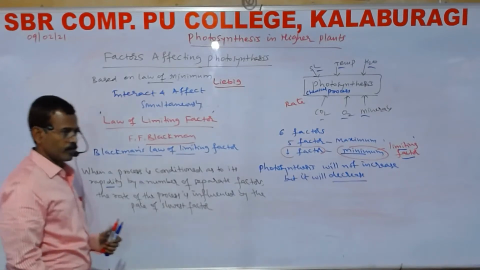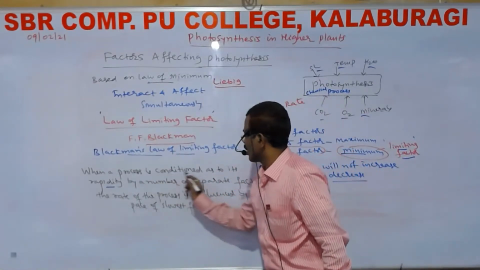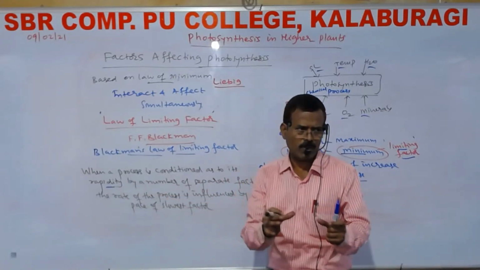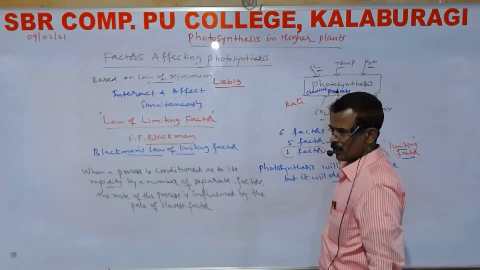What is the definition here? When a process is conditioned as to its rapidity, rapidity means rate of the process. The process is photosynthesis, a chemical process.